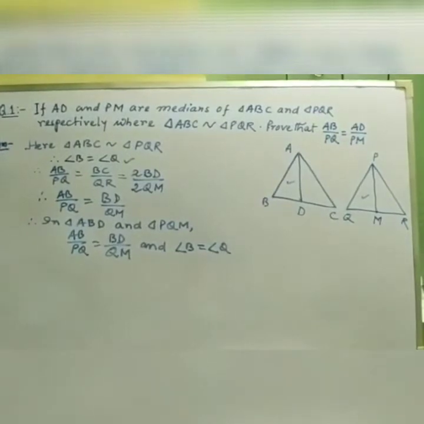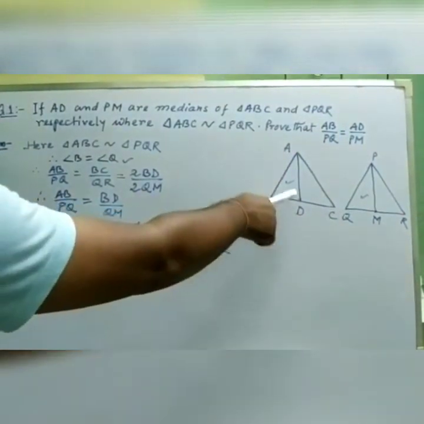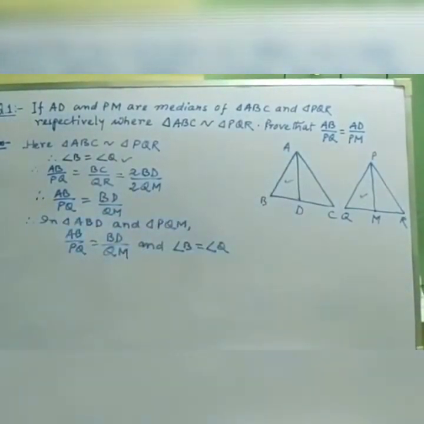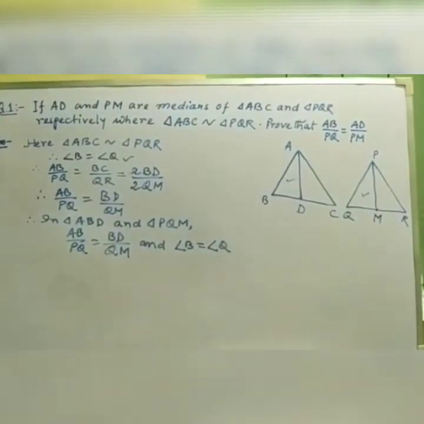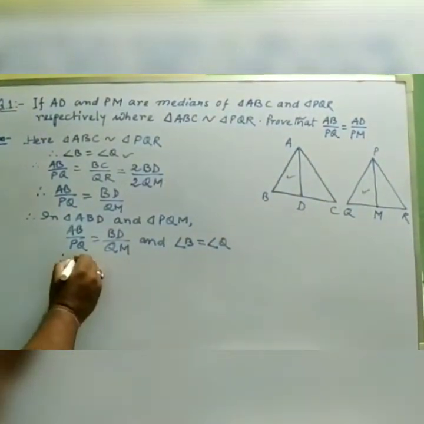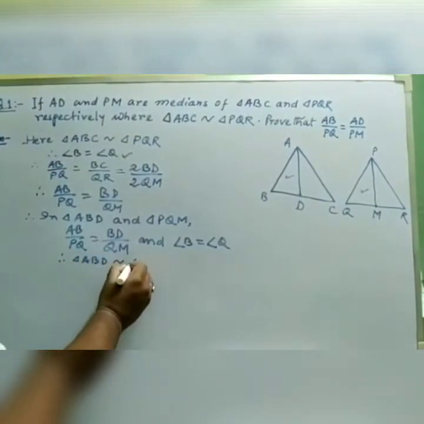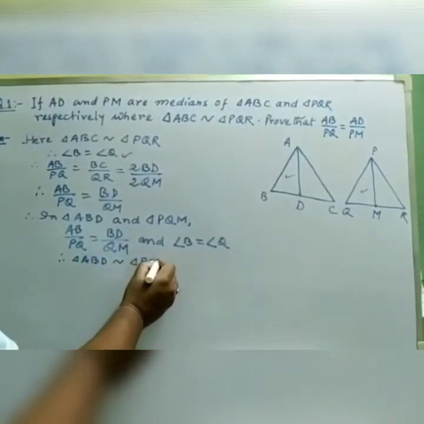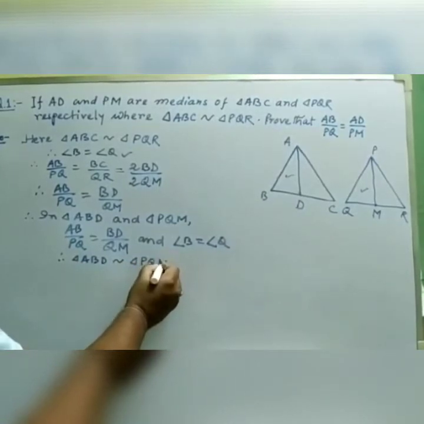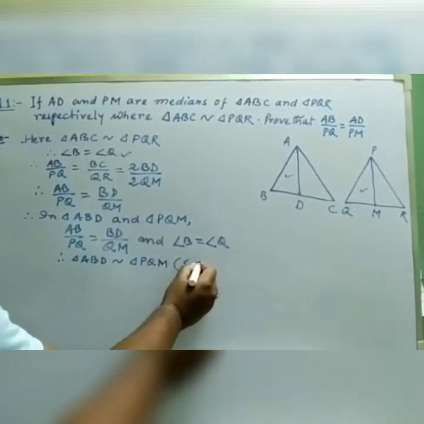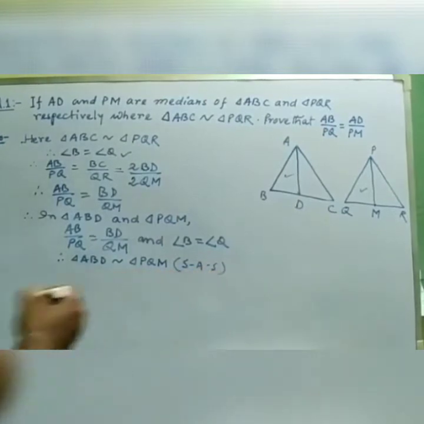From here we can see that two sides and the included angle are proportional and equal, that is, the side-angle-side property holds. So triangle ABD is similar to triangle PQM by SAS similarity criteria.